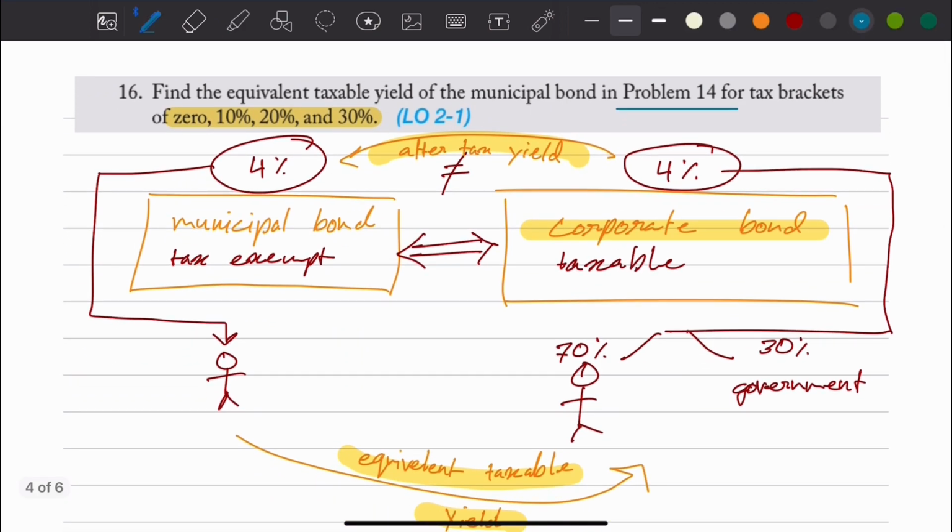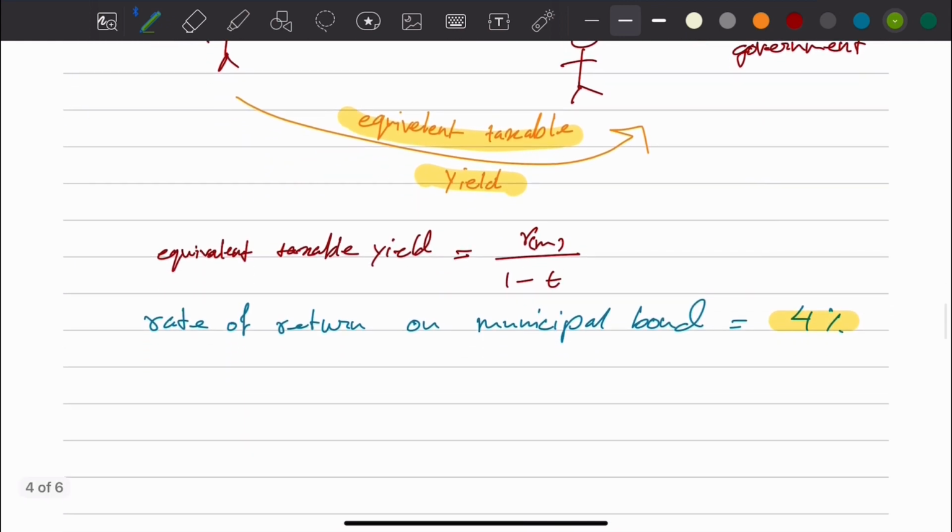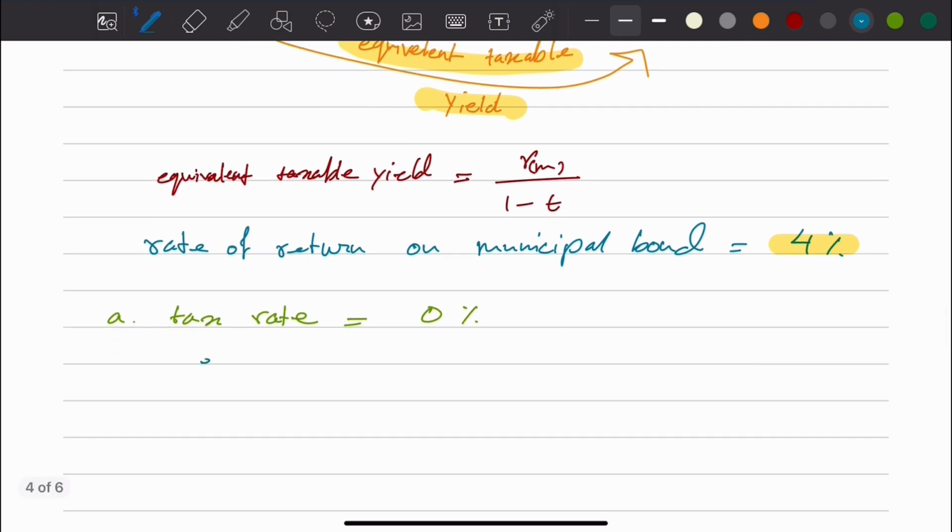Okay, so we'll do a similar situation. Part A, tax rate equals 0%. In that case, the equivalent taxable yield equals the rate of return on the municipal bond, which is 4%, over 1 minus 0%.